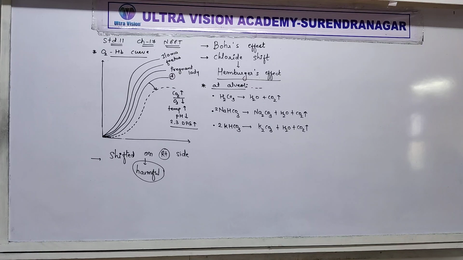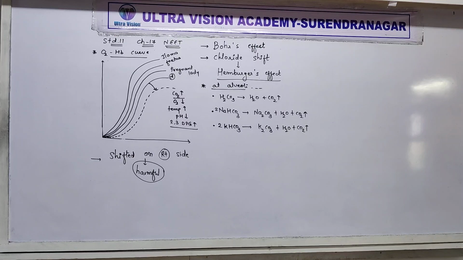Okay, but here we are talking about the blood, not the alveoli. We are talking about the process which occurs in the blood, but at alveoli level. Now listen, in alveoli, when O2 is more, CO2 is less.